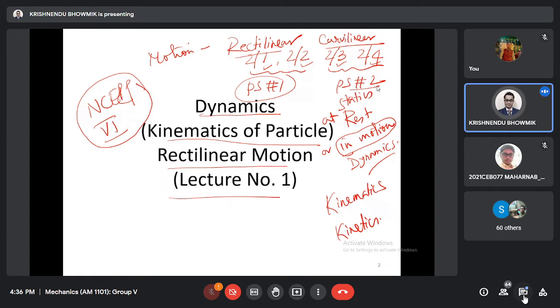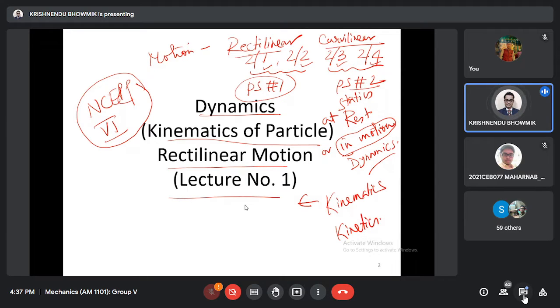So this dynamics will relate to Newton's law, then law of gravitation. Then we have some idea of units. When we are talking about kinematics, this is the branch of dynamics which describes motion of bodies without reference to the forces that either cause the motions or are generated as a result of motions.